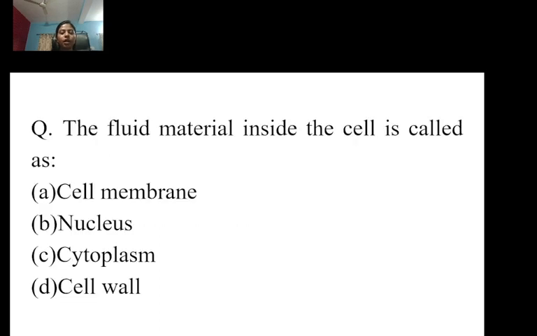Yes. Now, the fluid material inside the cell is called as cell membrane, nucleus, cytoplasm, or cell wall?